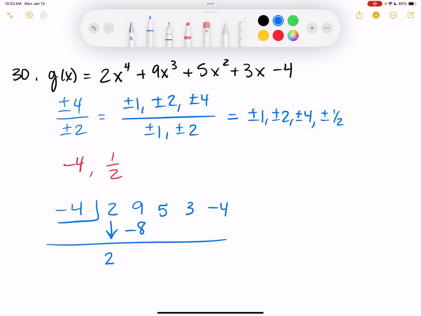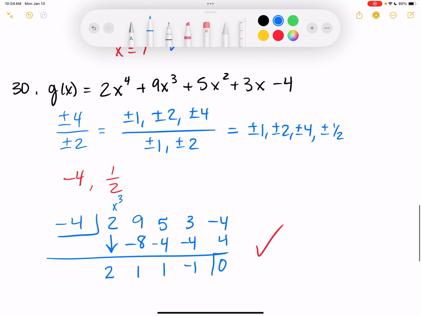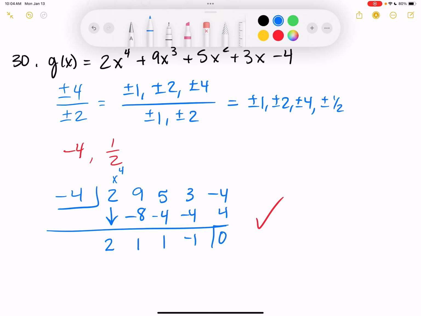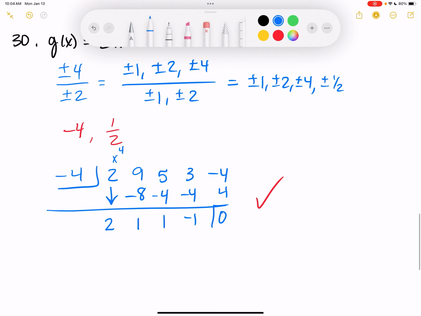Plus 9 is 1. 1 times -4 is -4. Plus 5 is 1. 1 times -4 is -4. Plus 3 is -1. -1 times -4 is +4. Minus 4 is 0. So that one worked. Now, this was x to the 4th. It's now x cubed, so I still can't factor it. So I have no choice but to do synthetic division, which is why I wanted to do a higher power one.